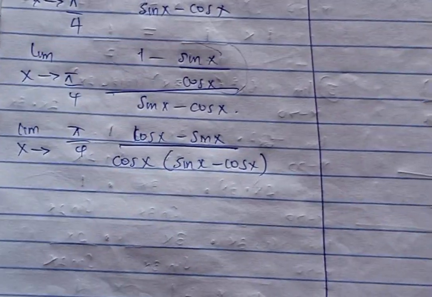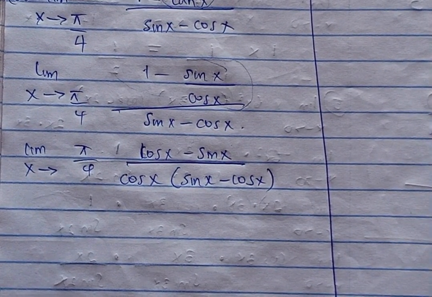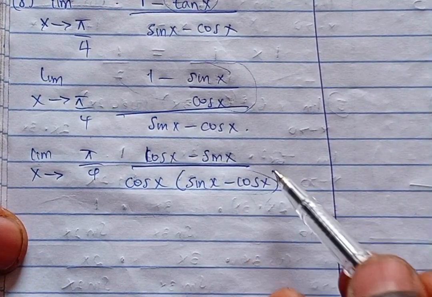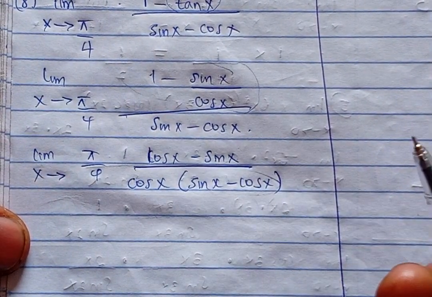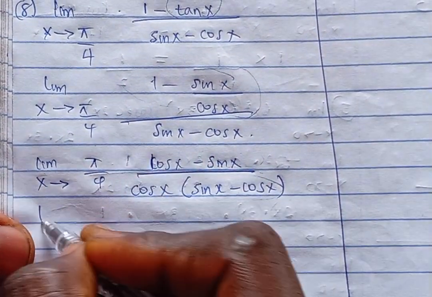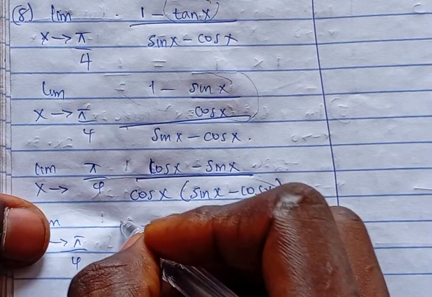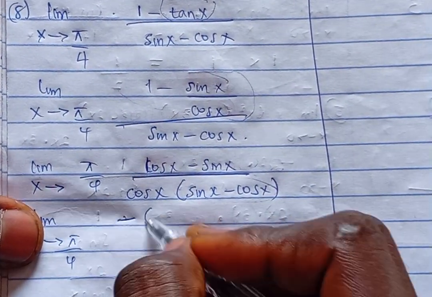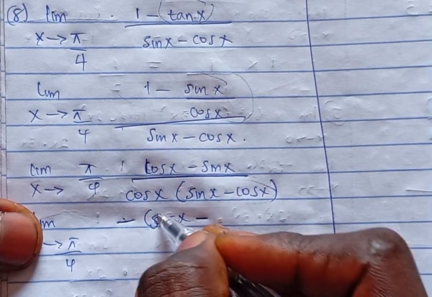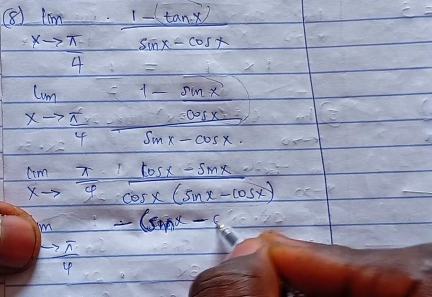Okay. Now, after getting this, what are you going to do? This one, you can make it look like either way you want. Let me use this one at the top to make it look like this. So I will easily say the limit as x tends to pi over 4 of minus sine x, minus open bracket sine x minus cos x.